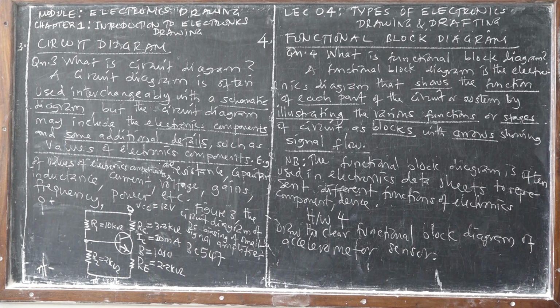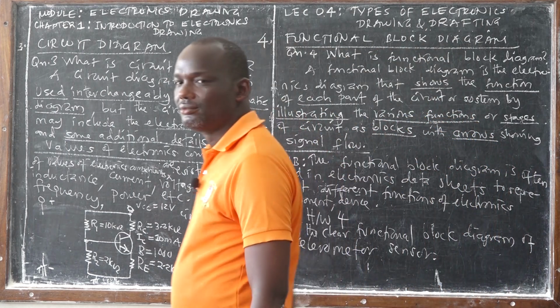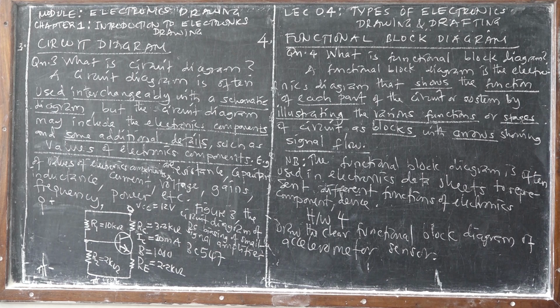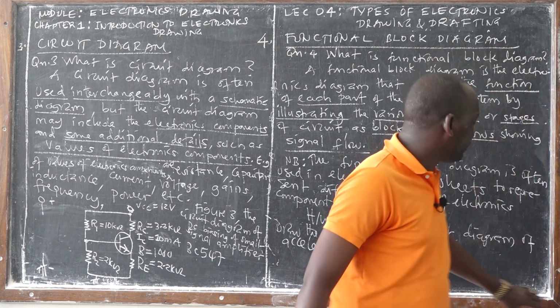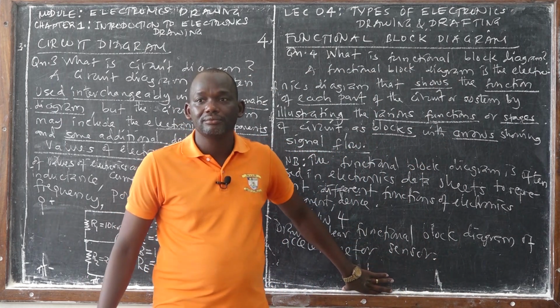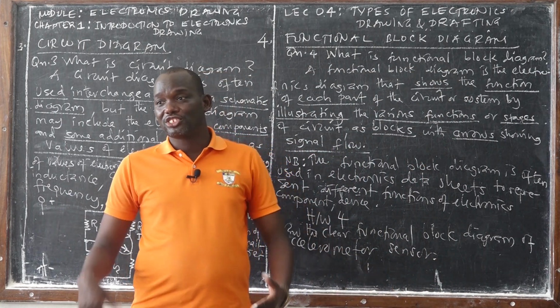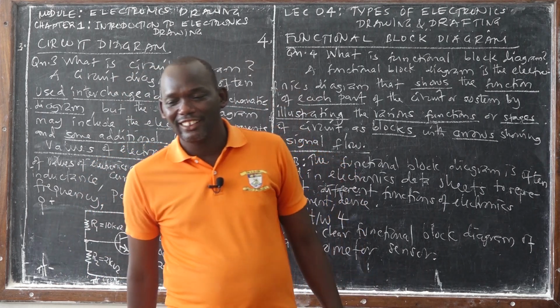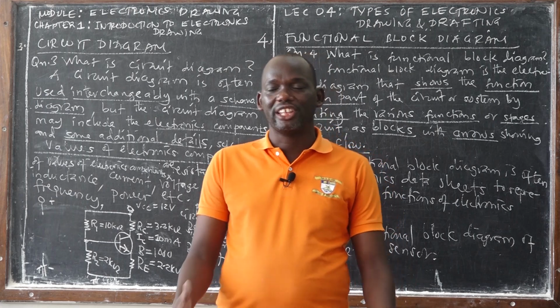Yes. Ask a question about the functional block diagram. So can you find this functional block diagram? Because at the end of the class, you say yes. Because always as Tanzanians, we accept these things which you have to present in future.